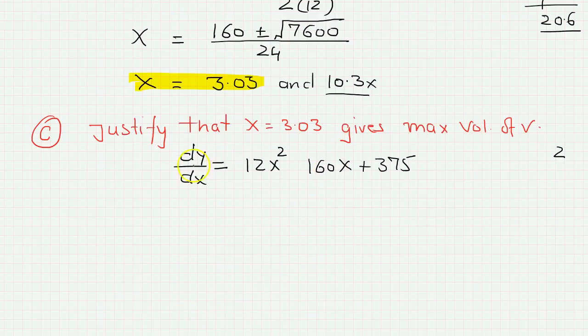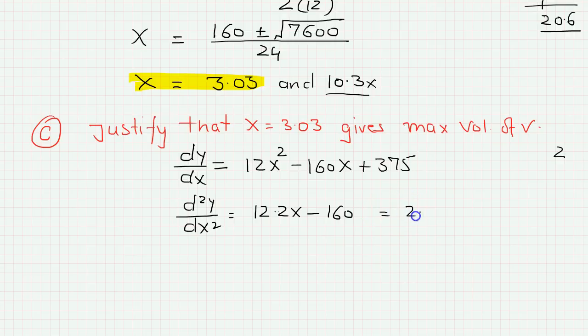Now part C says justify that this value of x gives the maximum volume V. To find the minimum and maximum, we have to find the double differentiation. So that is d2V over dx squared. We differentiate it again. That is 12, and the differential of x squared is 2x, so minus 160.